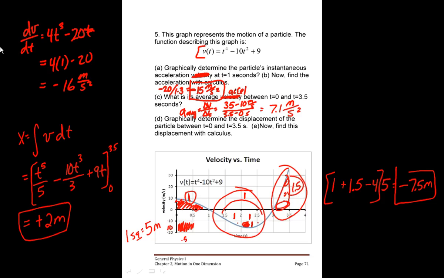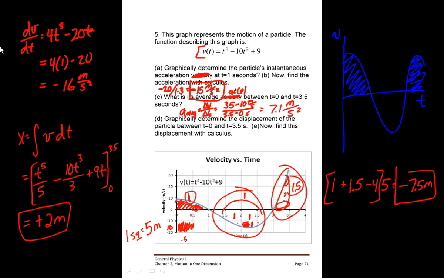Let me recap about graphically finding the displacement. If I have a function of v versus t, and it looks like that, and I want to know the displacement, I find the area under that graph and under that graph, and I add them together.